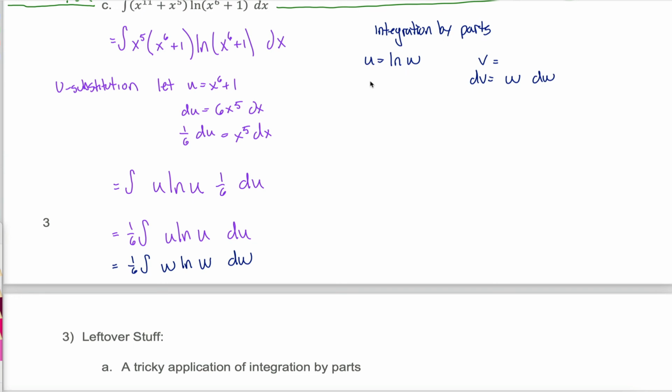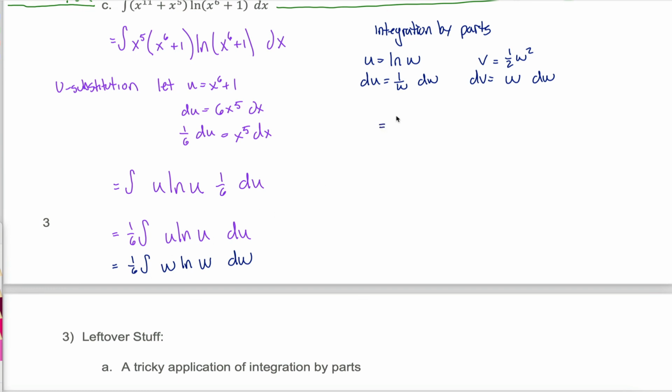If u is the natural log of w, then du is 1 over w dw. And if dv is w dw, then v is equal to 1/2 w squared, because the antiderivative of w is 1/2 w squared, because the derivative of 1/2 w squared is just w. With these four pieces of information, I can use integration by parts.